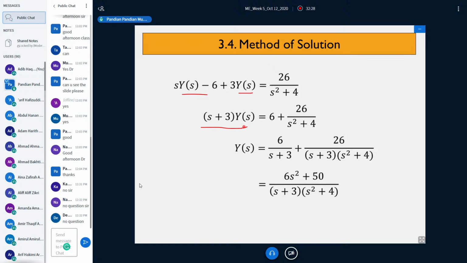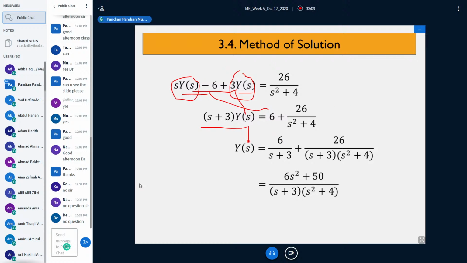You take out Y(s) and get (s plus 3)Y(s) minus 6 equals 26 over s squared plus 4. The minus 6 becomes plus 6 on the right-hand side.